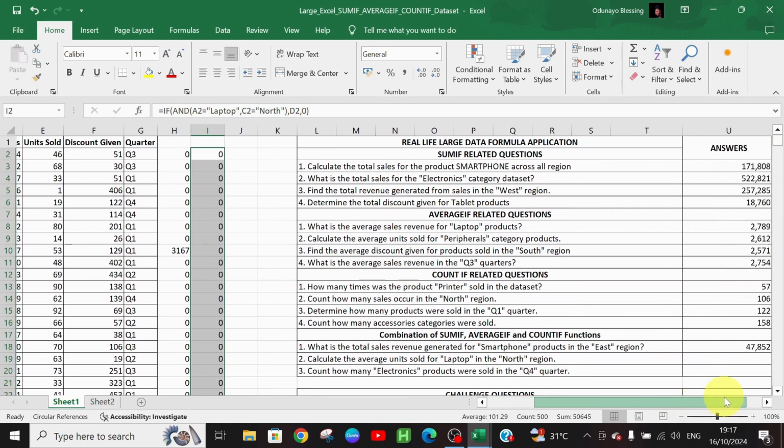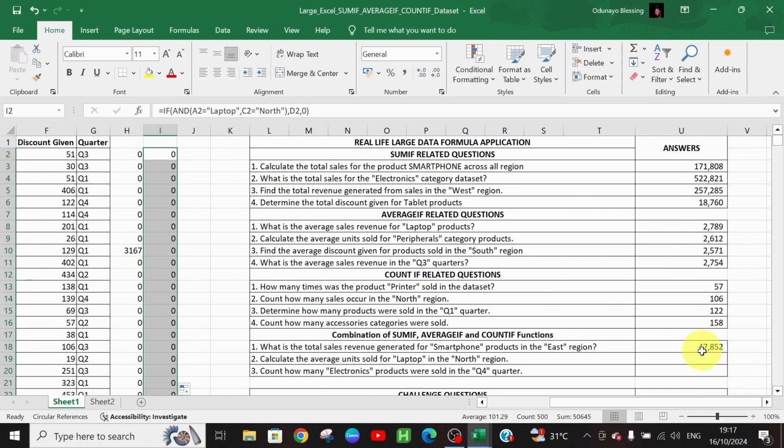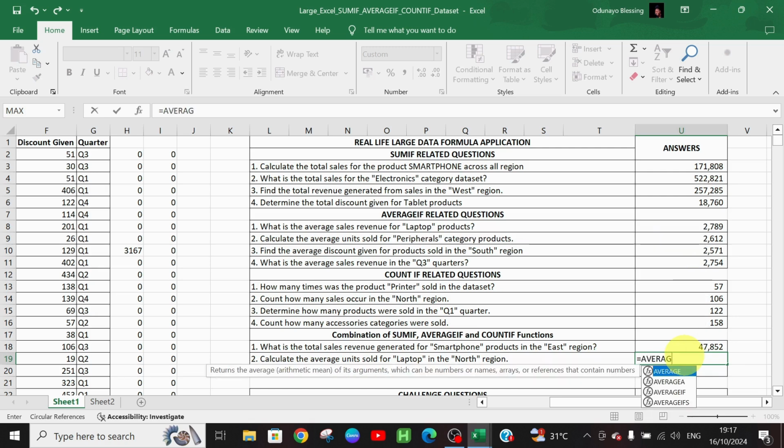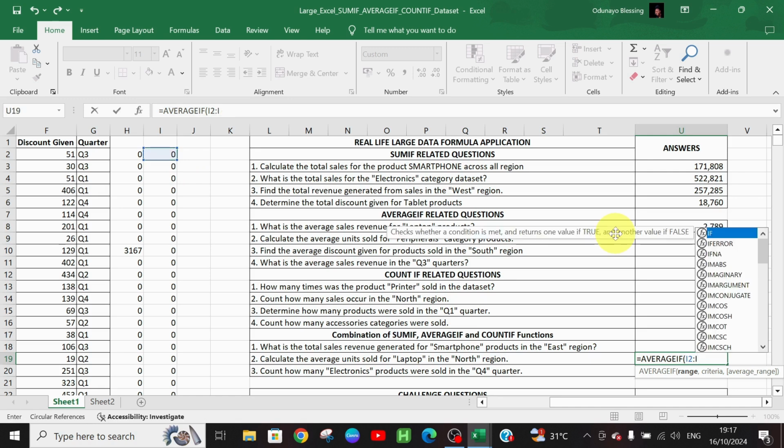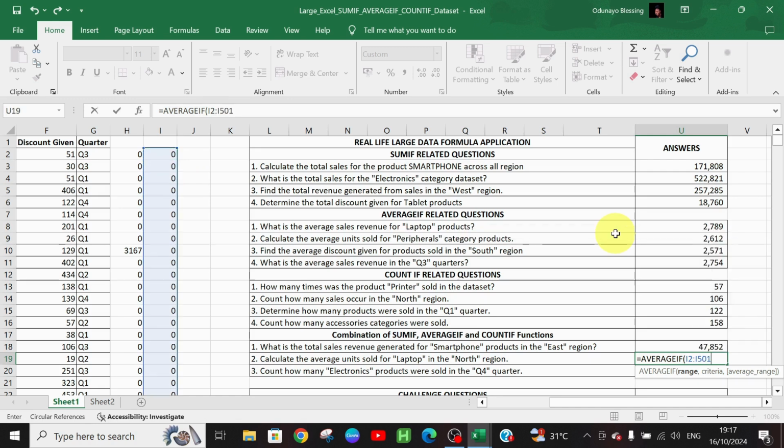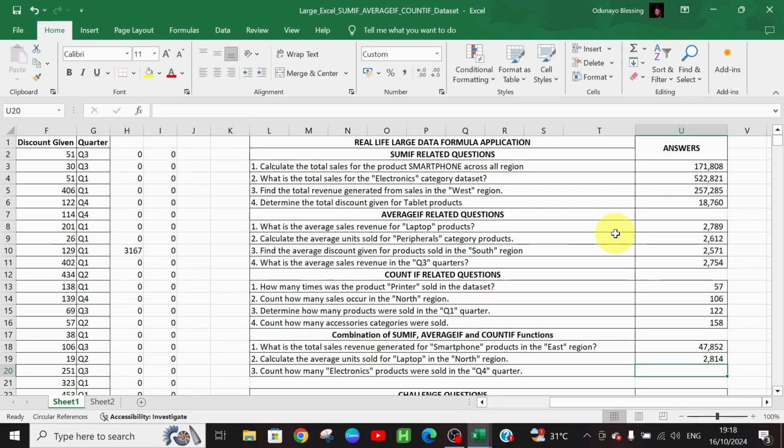So instead of looking around how to go about that, you can just pick it up as equality sign, AVERAGEIF, you open the bracket, the range of your cell is I2 to I501. Then, what's the criteria? The criteria is that the value must be greater than 0. And you enter, that's the average of the units.